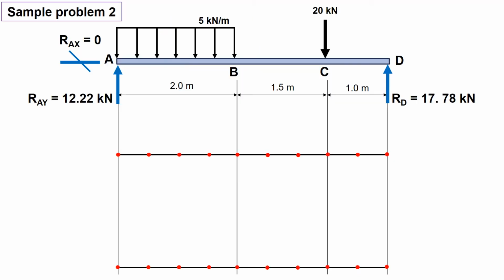So this is now our beam. So again, what you will do when plotting the values, you draw a line parallel to the beam. So one for the shear diagram and the other one for the moment. Dito nasabay ko lang na mailagay pero you can do it na gawin mo muna yung shear diagram bago ka gumawa ng isa pang line para sa moment.